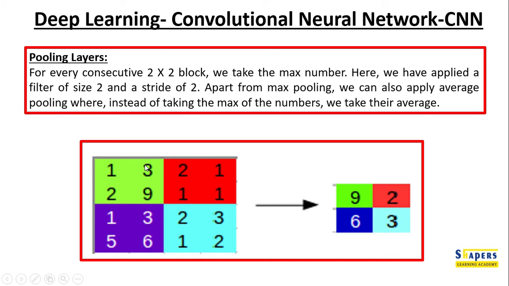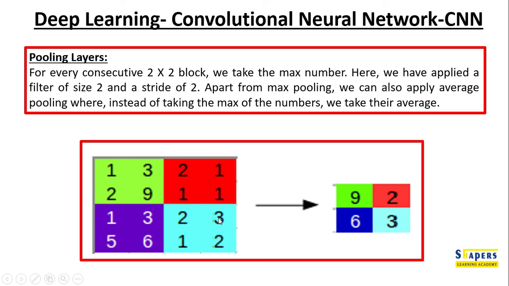Apart from max pooling, we can also apply average pooling, where instead of taking the max numbers, we take the average numbers. So there are two types of pooling layer concepts. One is to stride a 2 cross 2 matrix and take the maximum value. For stride number 1, it is 9, for stride number 2 we take 2, for stride number 3 we take the maximum value 6, and for stride number 4 we take the maximum value 3.